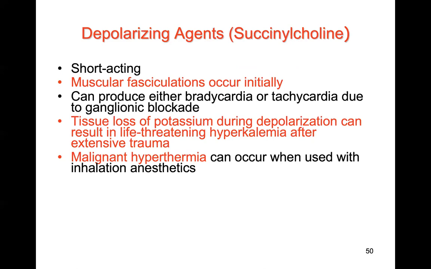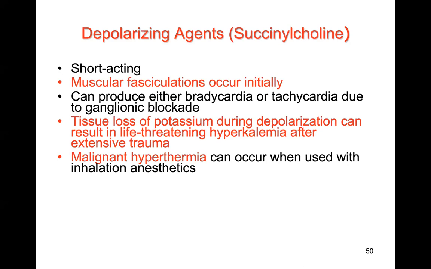It can cause either bradycardia or tachycardia, and that might depend on which nicotinic ganglionic receptor it affects, because if it acts on nicotinic muscle NM receptors, it's also going to affect NG receptors. That's one of the problems with all of these depolarizing agents. Although we're targeting the nicotinic M receptor, they can also act on nicotinic G receptors.